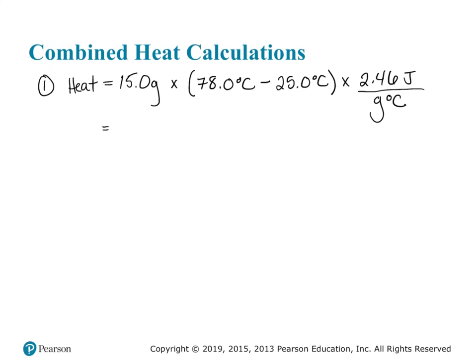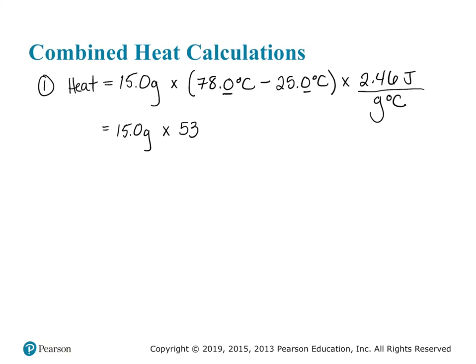Now I'm just going to simplify our change in temperature there. So 78.0 minus 25.0, I get 53 degrees, but I am going to take into account that both of my values here end in the tenths place, and we are subtracting.